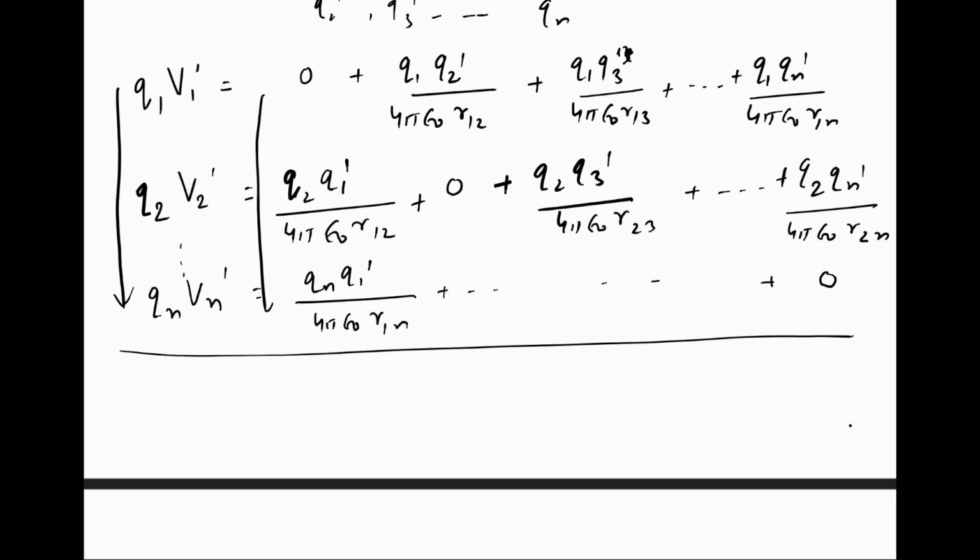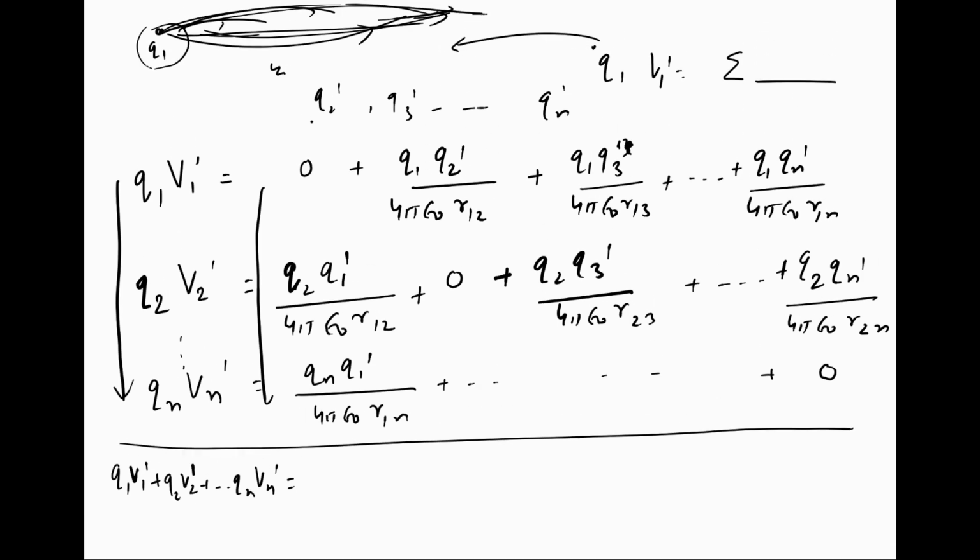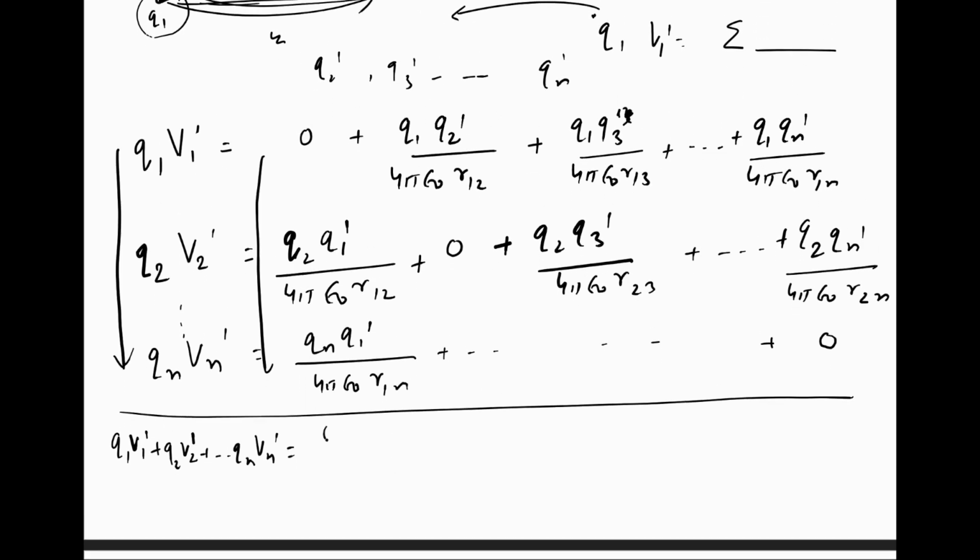Now let us add these columns. On adding, what I will have is Q1 V1 dash, Q2 V2 dash, up to Qn Vn dash. The first column sum will give me 0 plus Q1 dash, which I take common, times Q2 over 4 pi epsilon naught R12 up to Qn over 4 pi epsilon naught R1n.